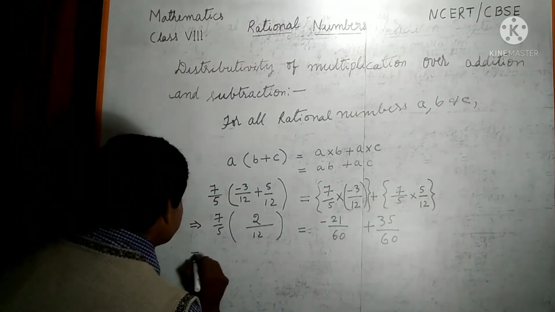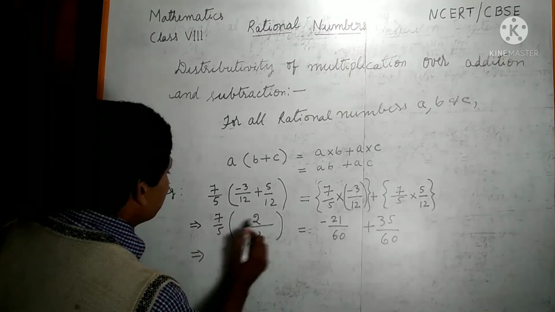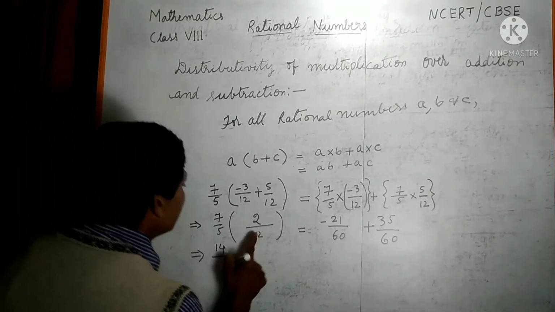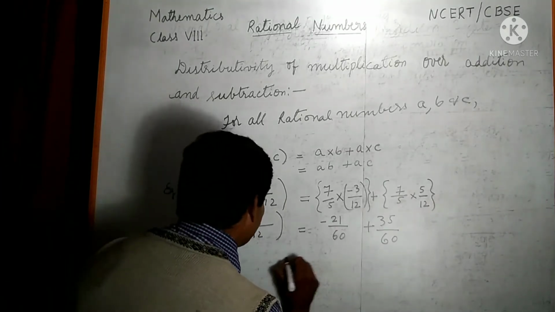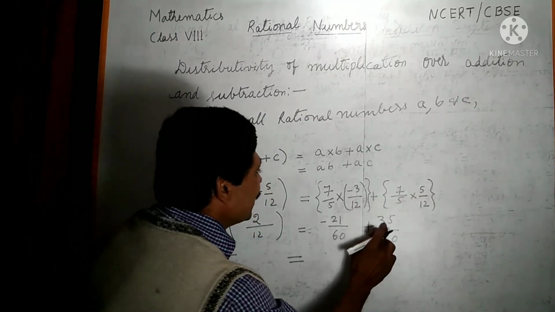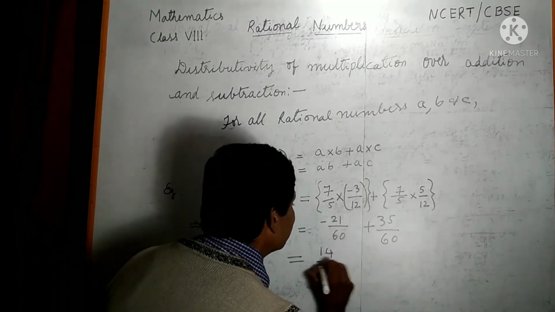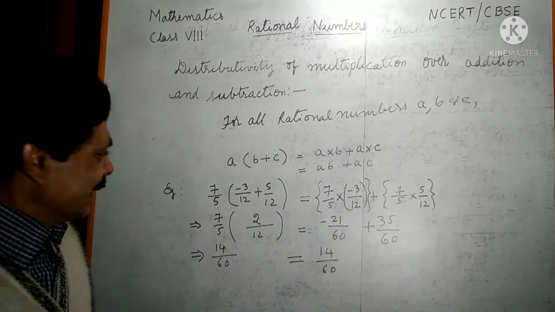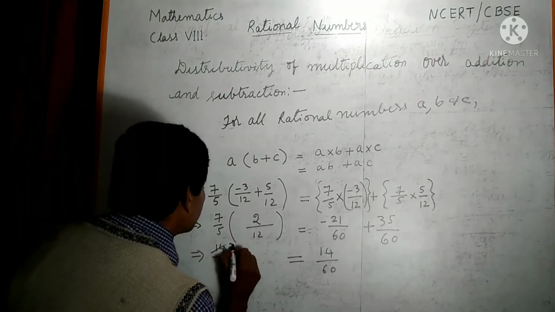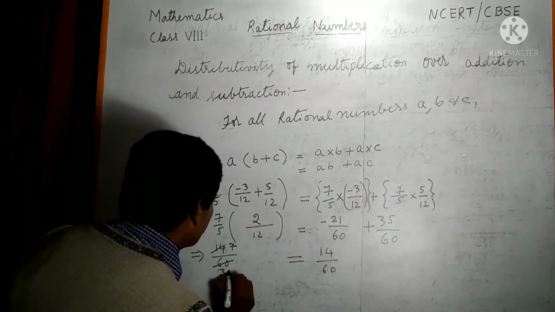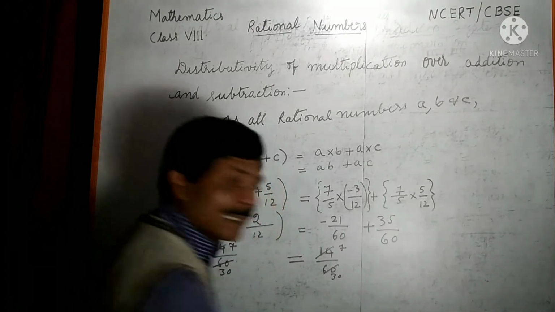So that this implies 7 times 2 is 14, 12 times 5 is 60. This is equal to 35 minus 21 is 14 by 60. This is equal to 2 sevens are 14, 2 thirties are 60.